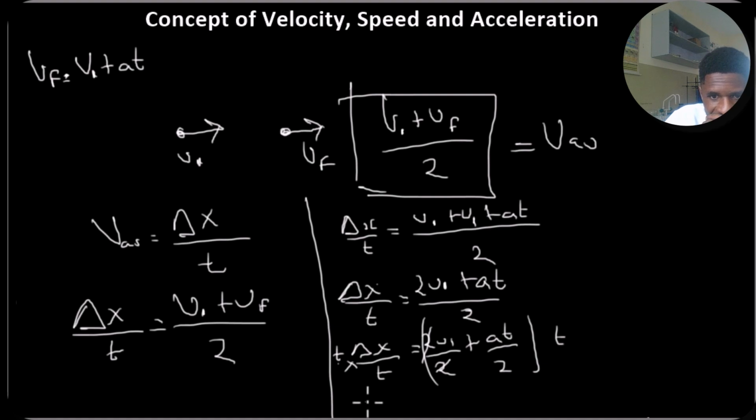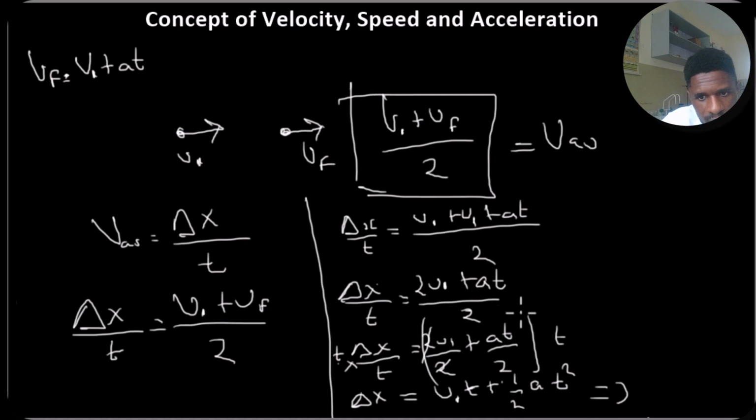So my final answer, t cancels out t, delta x will be equal to vi times t, so that's v initial t, plus, bring this 2 forward, so we have 1 over 2, then at times t, that gives us at squared, and this gives us our second equation of motion.